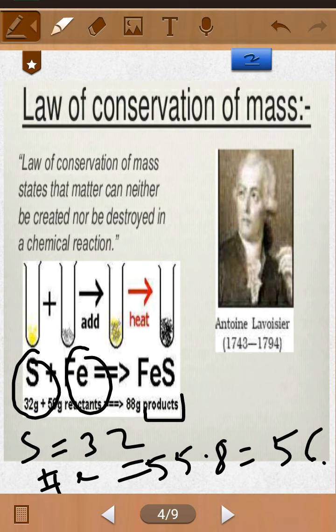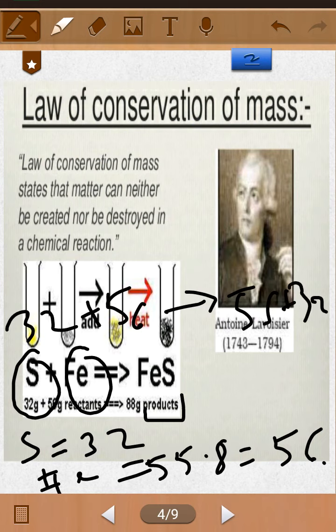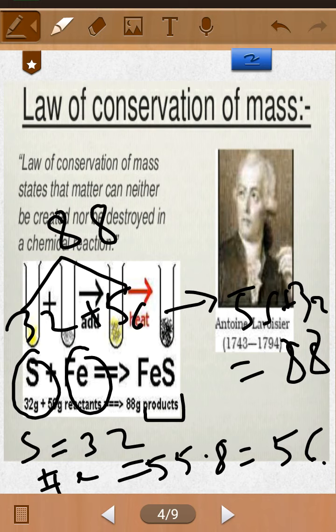Sulfur plus iron, 32 plus 56, gives 88, and the product also has a mass of 88. It means that the sum of the mass of the reactants should be equal to the sum of the mass of the products.